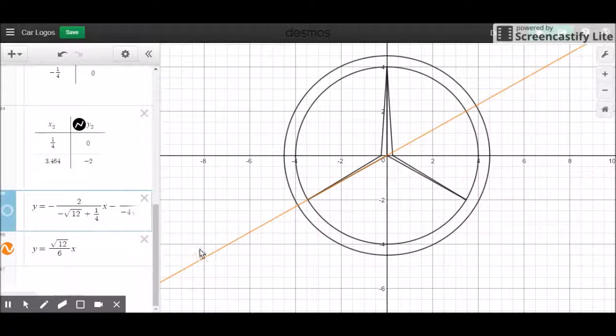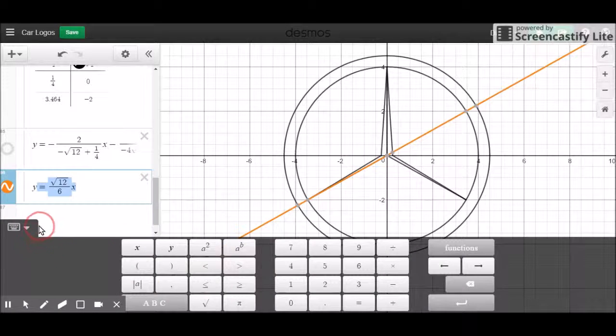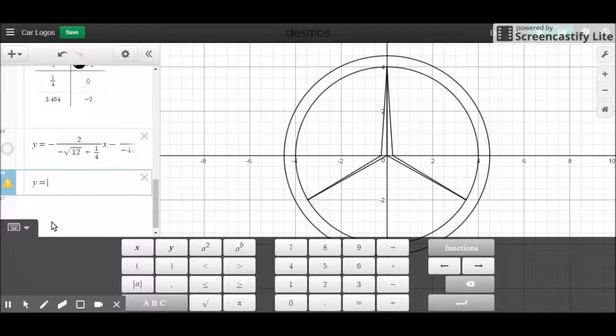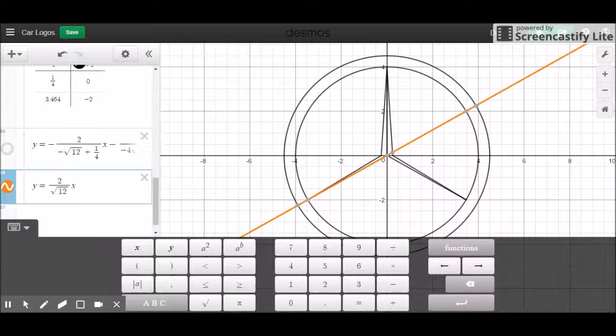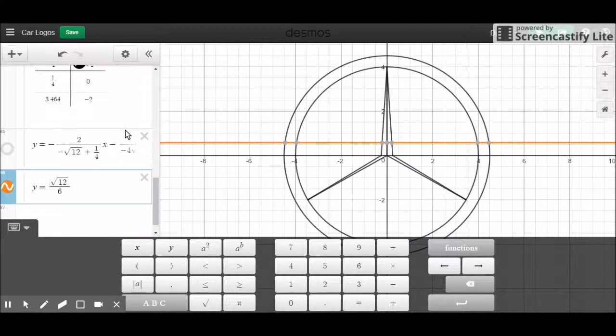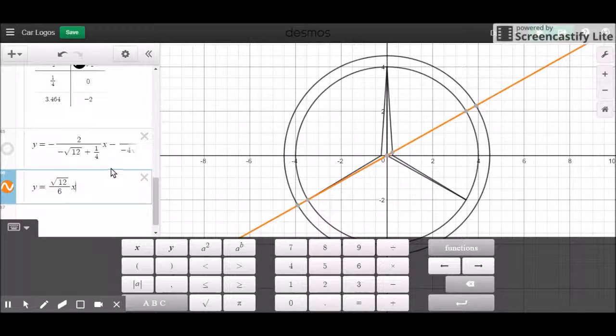And we try the other line, which is the easier equation that we found. It matches this line perfectly. If you're wondering, 2 over the square root of 12, times x gives the same equation. Just one of them follows the grammar rule. The other one doesn't. That's what happens when you write in LaTeX too much.